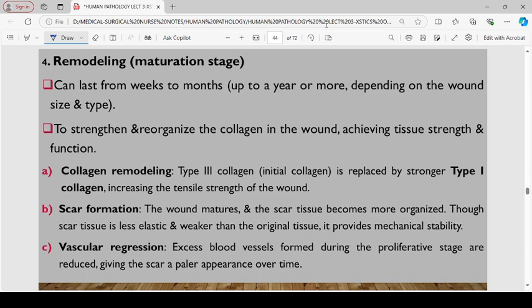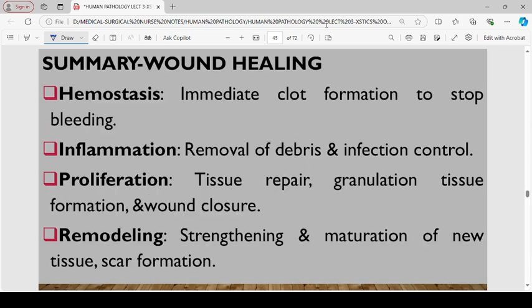The wound also matures and the scar tissue becomes more organized, though scar tissue is less elastic and weaker than the original tissue. It provides mechanical stability. Excessive blood vessels formed during the proliferation stage are reduced, giving the scar a pale appearance over time.